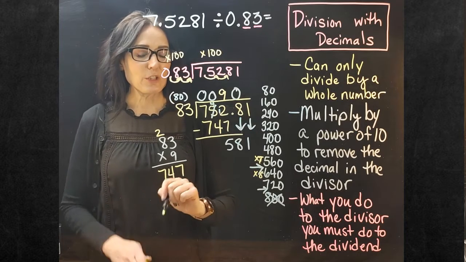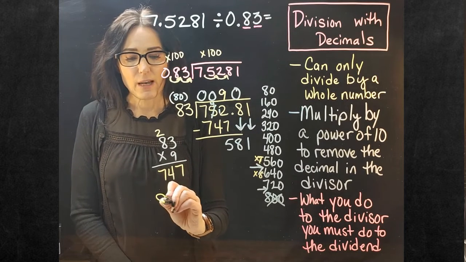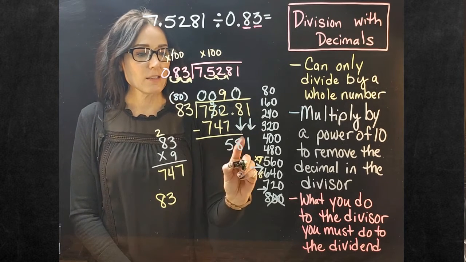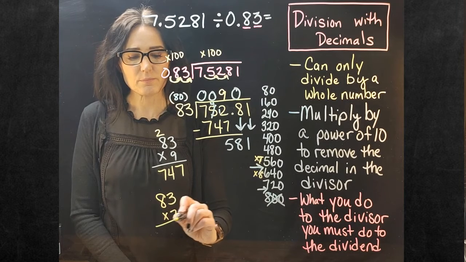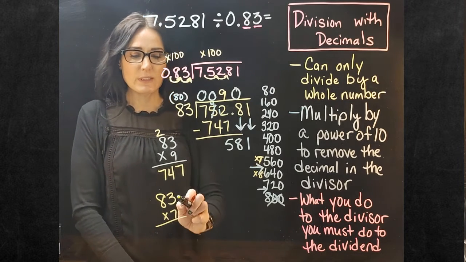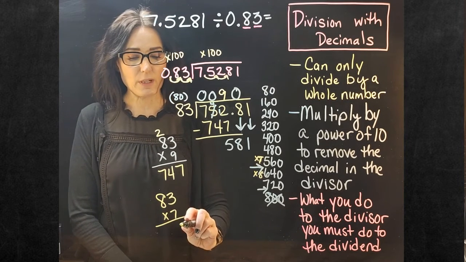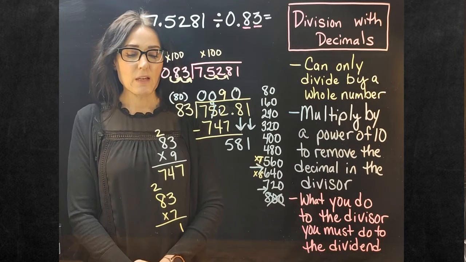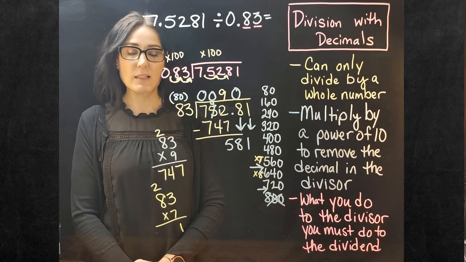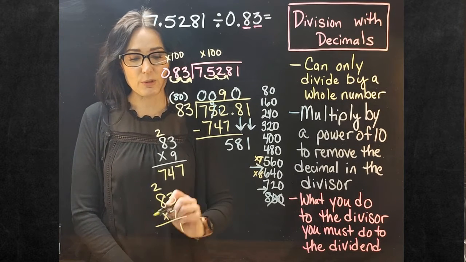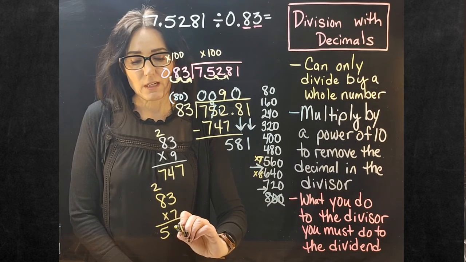So let's go ahead and do 83, we have to use 83, not 80, times 7. 7 times 3 is 21, carry the 2. 7 times 8 is 56, plus 2 is 58.